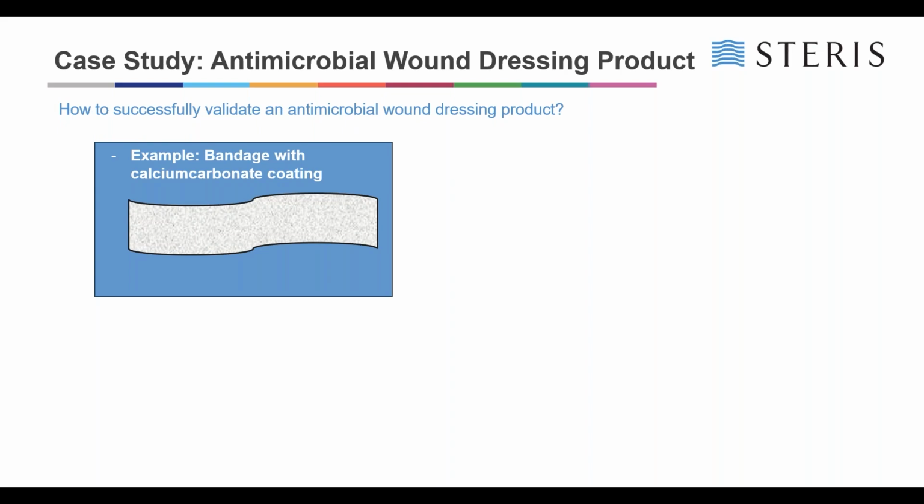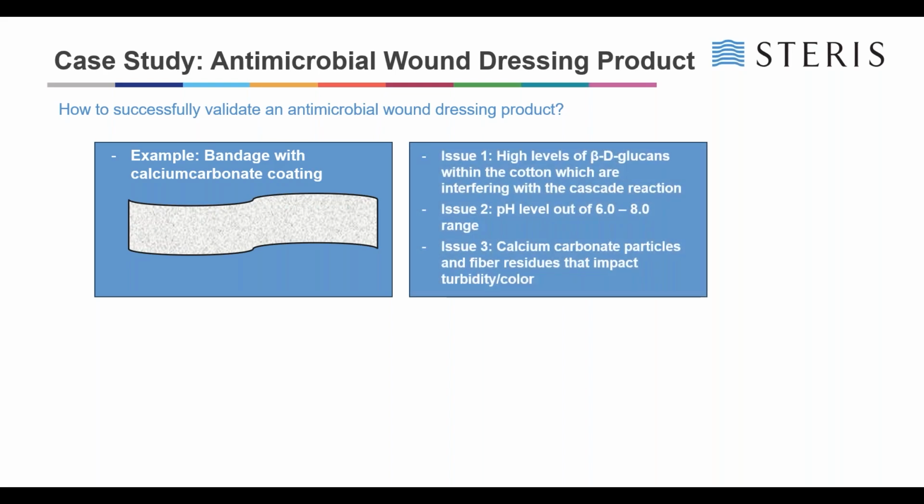This is the first case study that we're going to take a look at. This product is an example of an antimicrobial wound dressing product. We can see there that the bandage is coated with some sort of calcium carbonate coating. Some of the issues that were encountered with this product were high levels of interfering glucans.